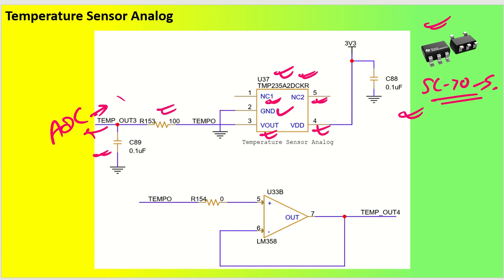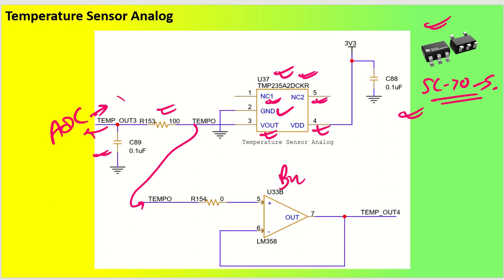Got it? Now I want to tell you one more thing. A very good designer, before giving the output directly to the microcontroller pin, always puts in some buffer or some amplification if there is a need. So what I have done is, this output pin I have named TEMP_O, and TEMP_O is connected directly here, and then this one is going to a buffer.